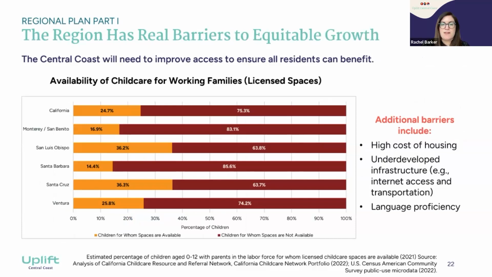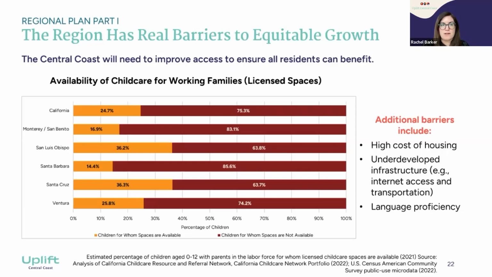It's also a region that has real challenges around ensuring that all of its residents can benefit from that really tremendous growth and innovation. We were just talking about how over 1 million residents belong to families that are struggling to make ends meet. We know that housing supply and affordability is a major challenge. Childcare access is a problem, as shown here.